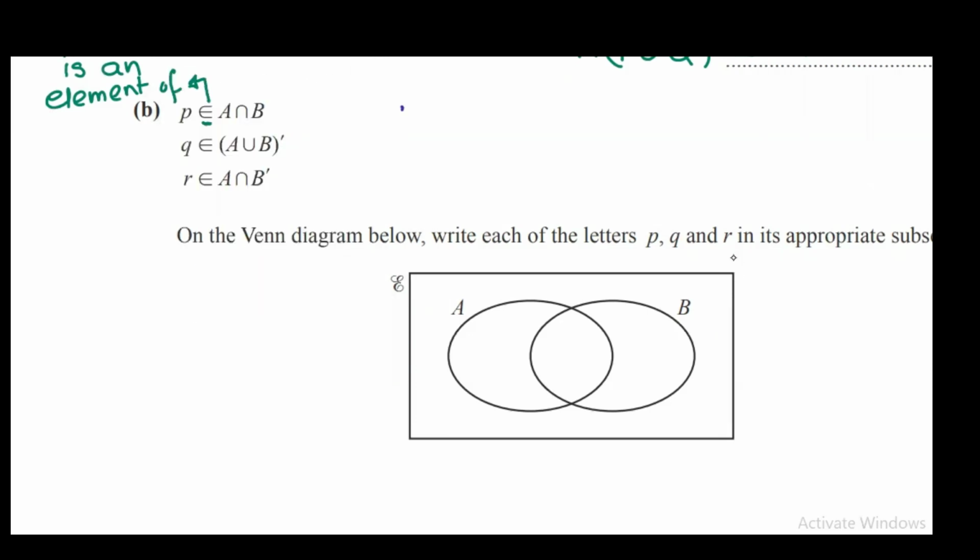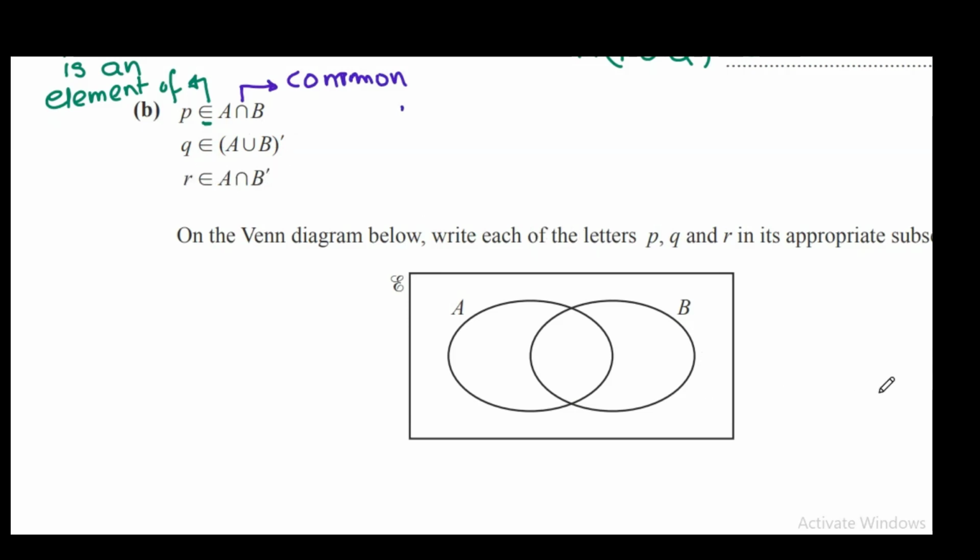Second symbol, this is intersection. Intersection is common elements only. So we can say P is an element of A intersection B. Q is an element of A union B complement. R is an element of A intersection B complement.